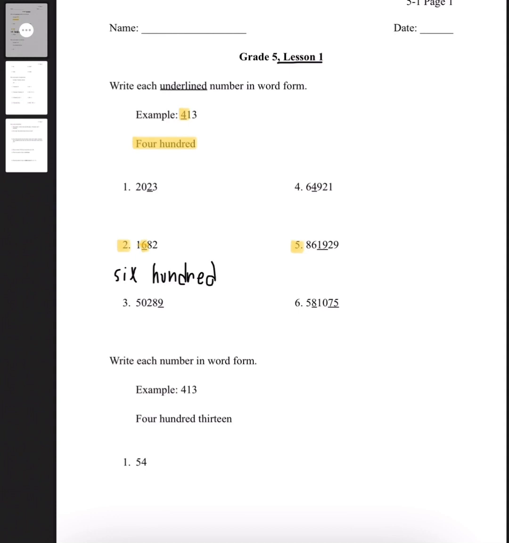Number 5, it gives us 861,929. And here, the numbers underlined are 1 and 9. The 1 is in the thousands place, and the 9 is in the hundreds place.